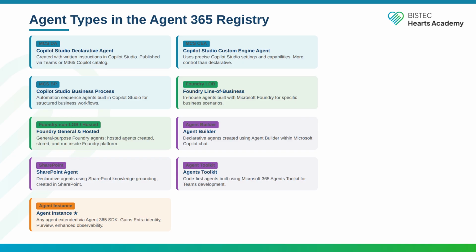Any agent from any platform can be extended to an agent instance using the Agent 365 SDK. When it gains an Entra app registration identity, richer observability metrics, Purview DLP coverage scoped to that identity, and an IT-approved policy template. This is the highest governance tier in the registry.